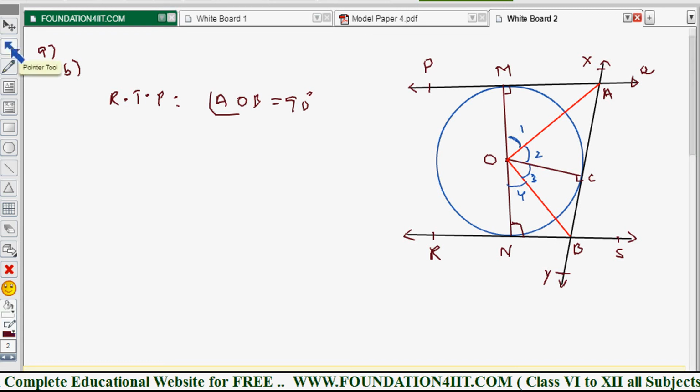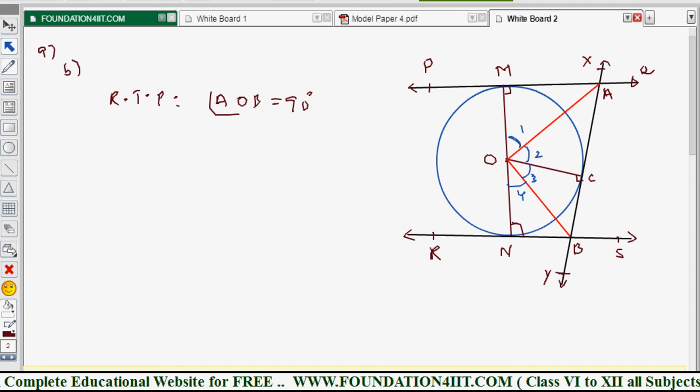To prove this simply, because a straight line is 180 degrees, for angles 1 and 2, that means triangle MOA and triangle AOC, I should prove these both are congruent. Then angle 1 is equal to angle 2. On the other side, triangle OCB and triangle OBN, you have to prove these two triangles congruent too. Then angle 3 is equal to angle 4. Then you will get angle 2 plus angle 3 is also 90 degrees.